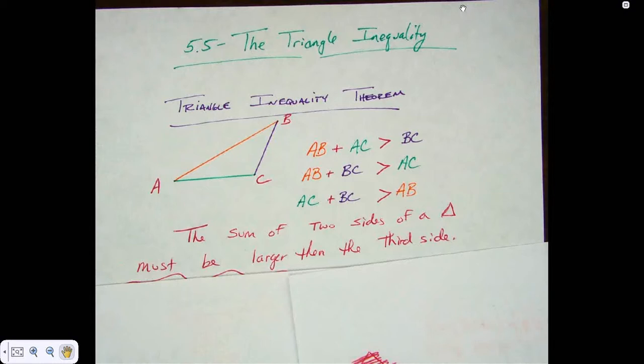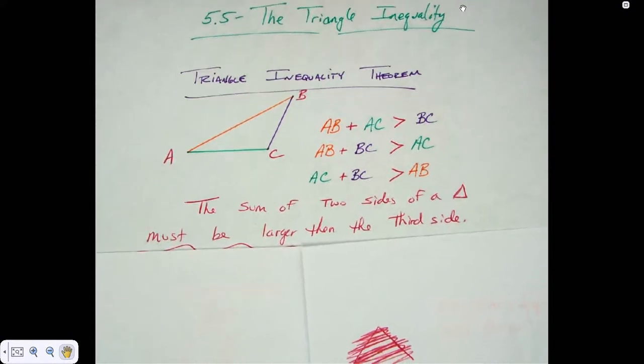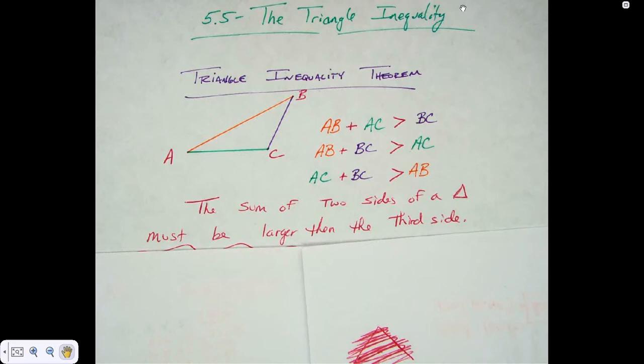The sum of two sides of a triangle must be larger than the third side. What do you think I mean there by the third side? Anybody? How many sides are there in a triangle? I'm saying the sum of two sides of the triangle must be larger than the third side.